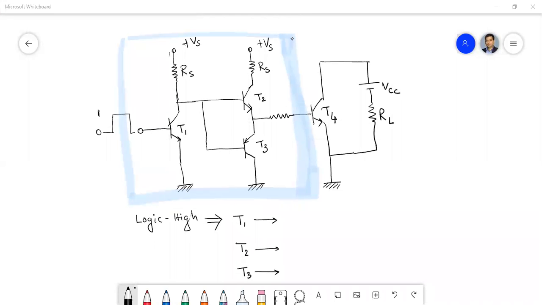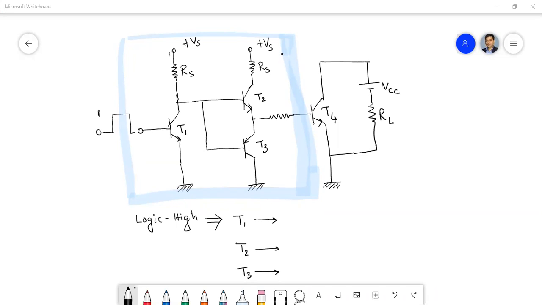Anybody? Let me ask Trina Vishwas. On state. Okay. Trina Vishwas, you just unmute. Roll number 101.